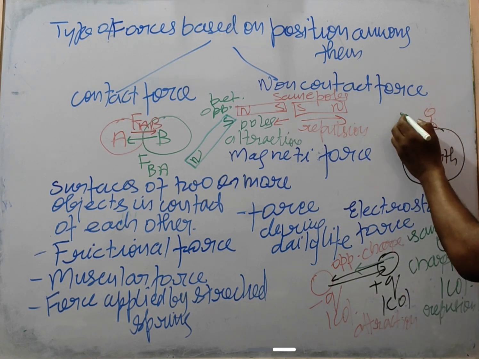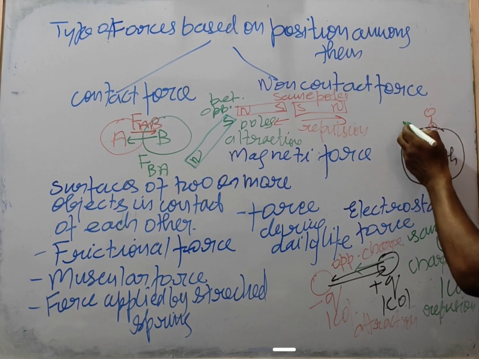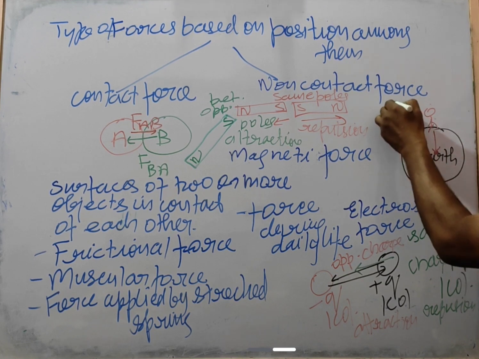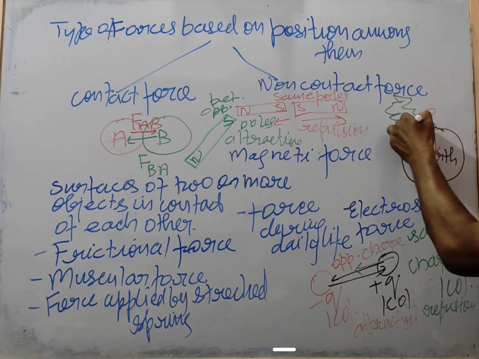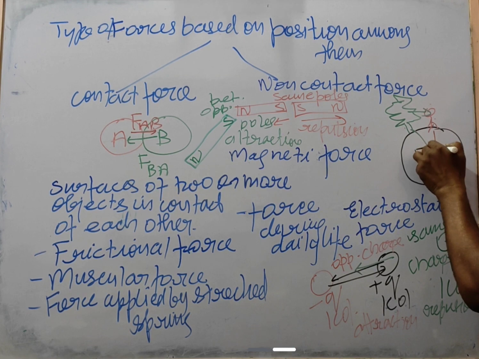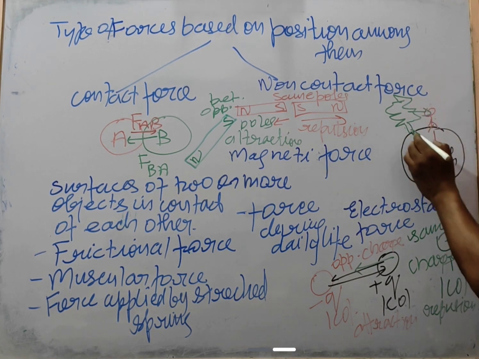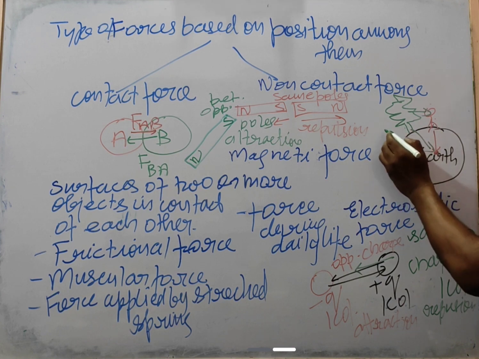And this man is attracted. Suppose there is a tree on the earth. This tree is also attracting this man, and this tree is attracted by Earth also. So this is force of attraction only.